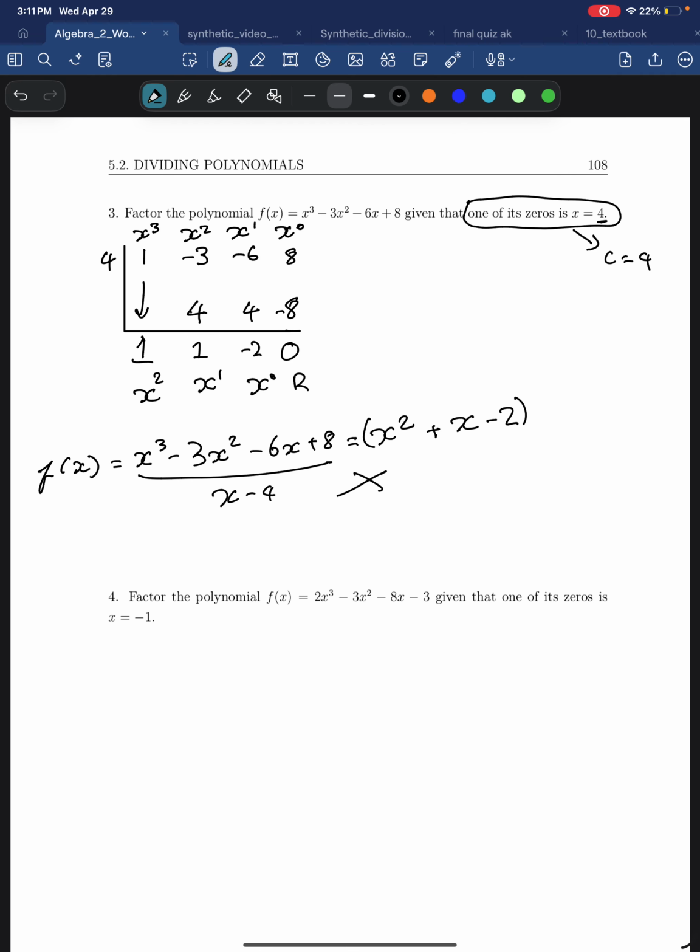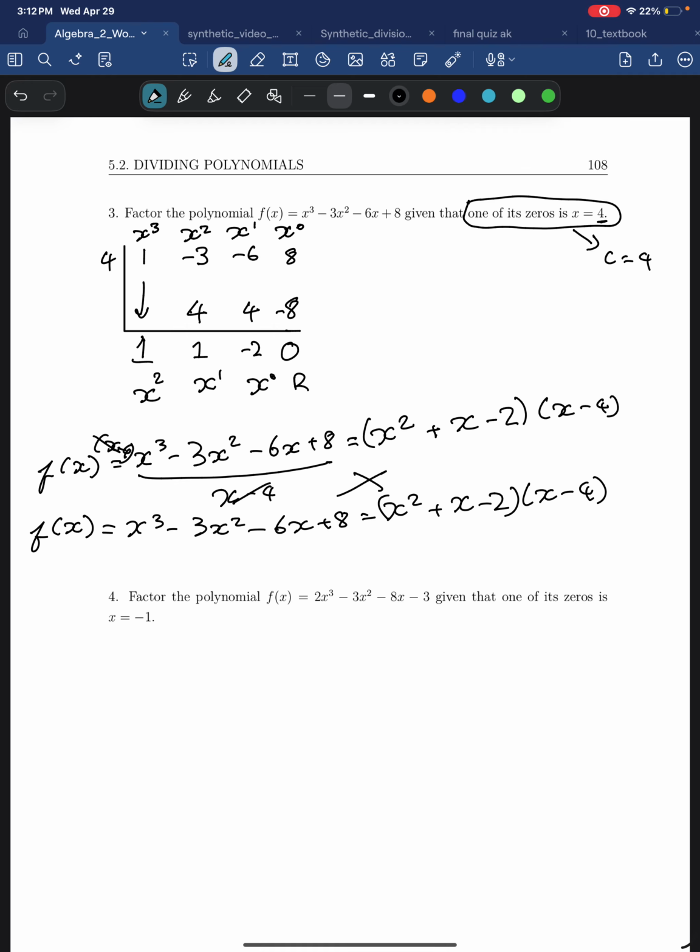I'll multiply both sides by x minus 4, and it will cancel out, and I'm going to get f of x equals x cubed minus 3x squared minus 6x plus 8 equals, this is kind of long, x squared plus x minus 2, times x minus 4. All right?